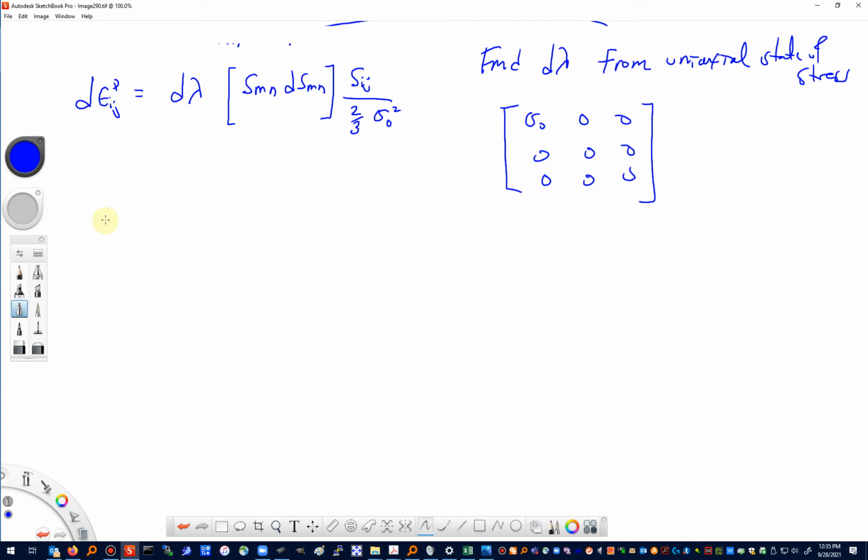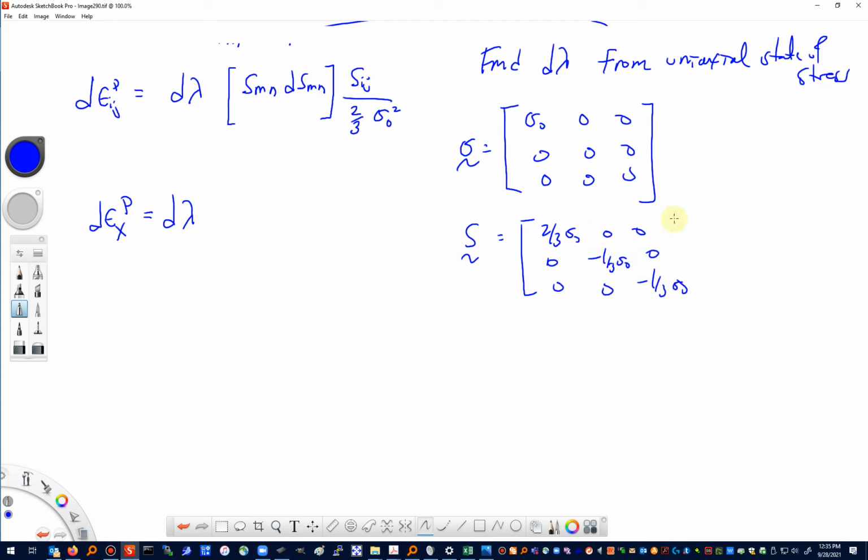If we look at d epsilon x plastic, that will be equal to d lambda, and then we will have the corresponding deviatoric stress state and the corresponding increment of deviatoric stress.